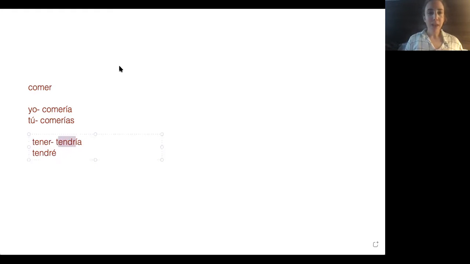For the perfect, you have future perfect and you have conditional perfect. Conditional and conditional perfect are usually used in si clauses, which you're going to see next week. Si clauses, like if.